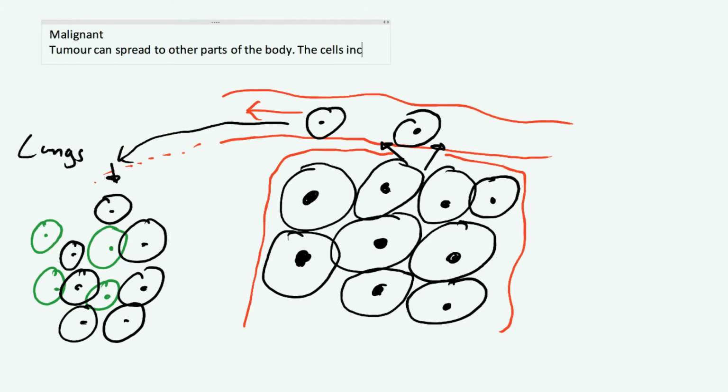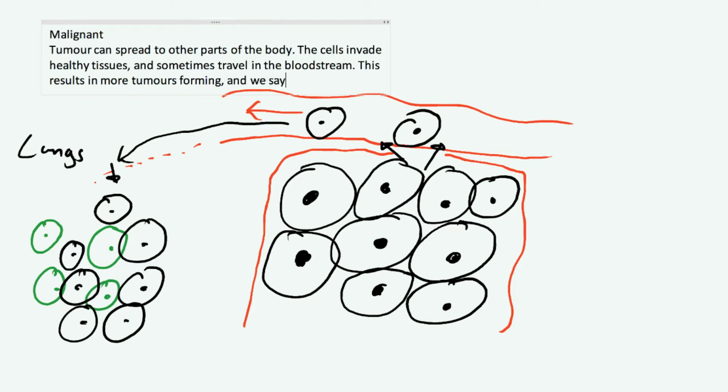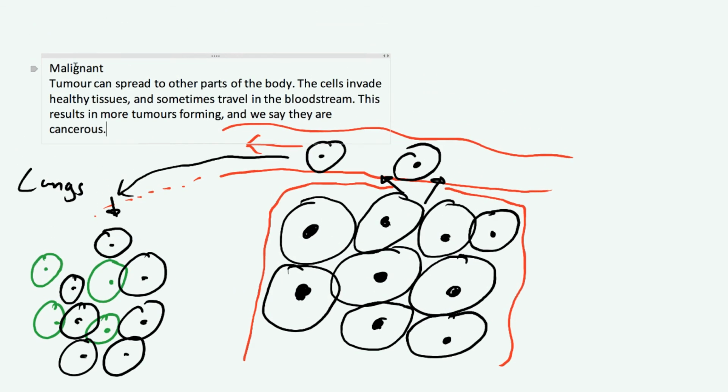The cells invade healthy tissues and sometimes travel in the bloodstream. This results in more tumours forming, and we say those tumours are cancerous.